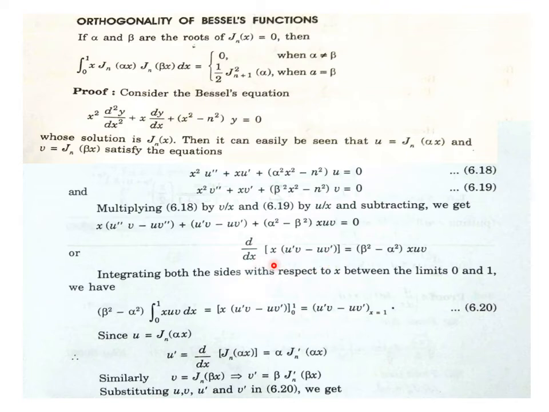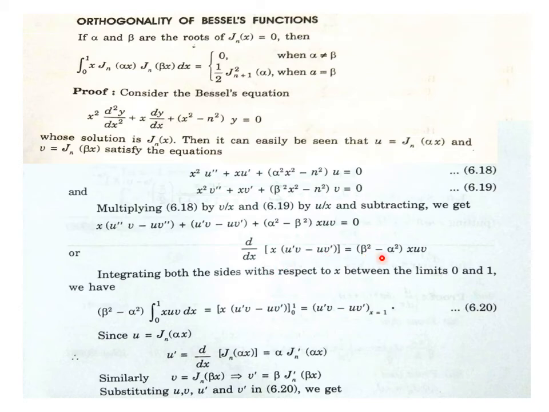If you differentiate this by the product rule, it is a product of two functions, x and (u'v − uv'), and you will get that expression, and the other expression is taken over to the other side. So it is important to remember that this equation is to be reduced in this form.